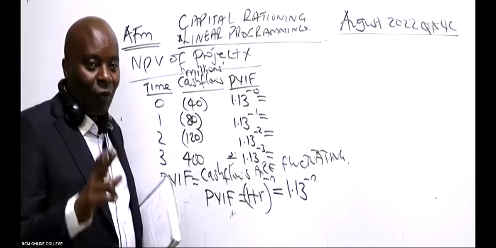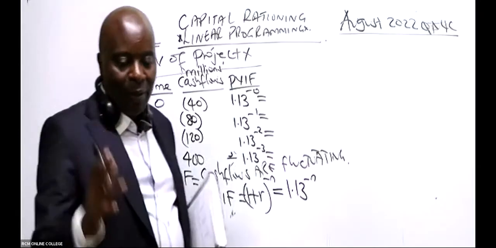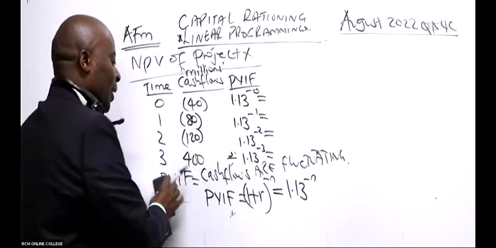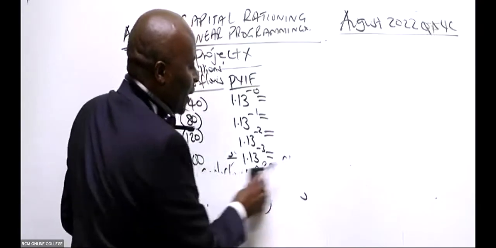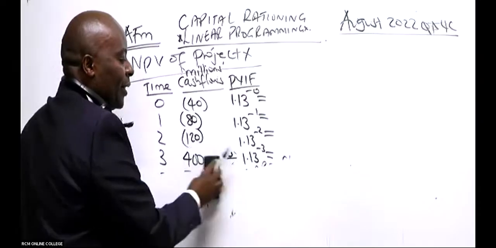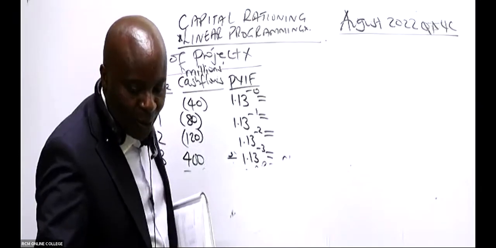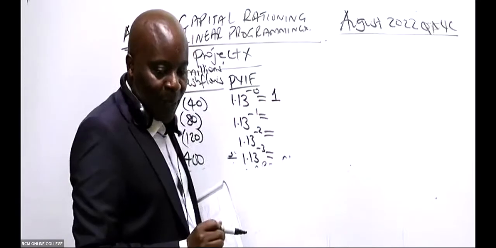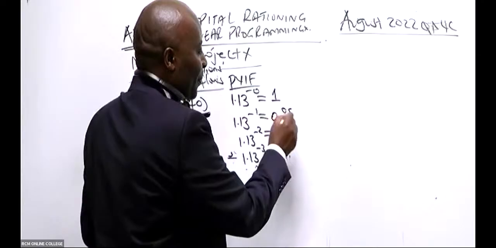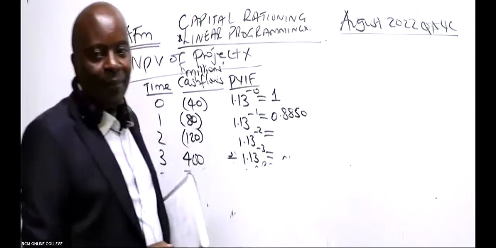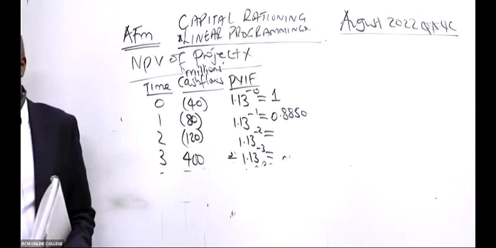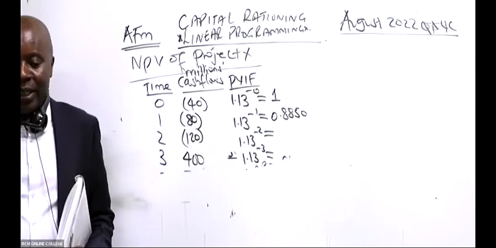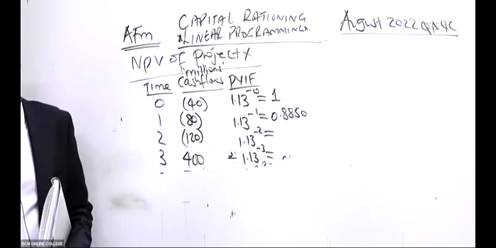If you feel that I'm a bit fast, always tell me, Mwalimu, you're a bit fast. At least the formula of PVF is not a tough one; it is a very easy one. Lincoln Mwangi, my friend, has given me a figure of 0.88. We shall always use our calculators. If you don't know how to raise to a power, I can come to where you are and show you.